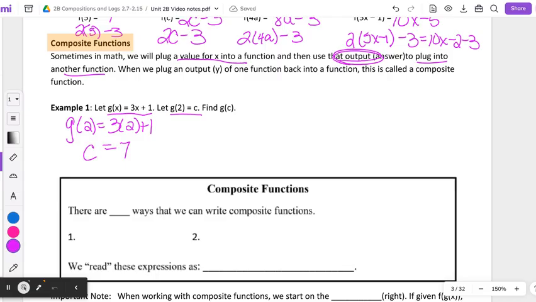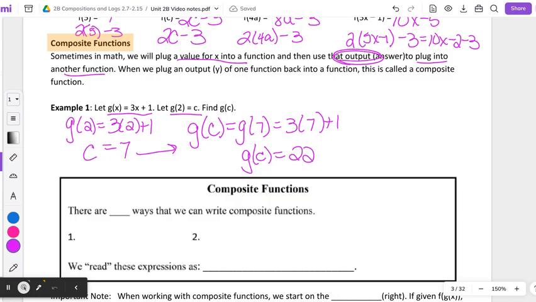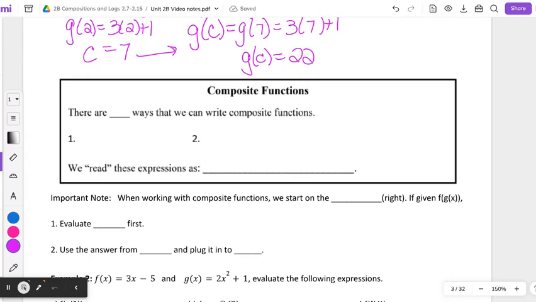That's equal to c. So now if we want to do g of c, that's the same as g of 7, which would be 3 times 7 plus 1, or 22. Okay, so notice that our output became the input. The 7 became the input into that same function.